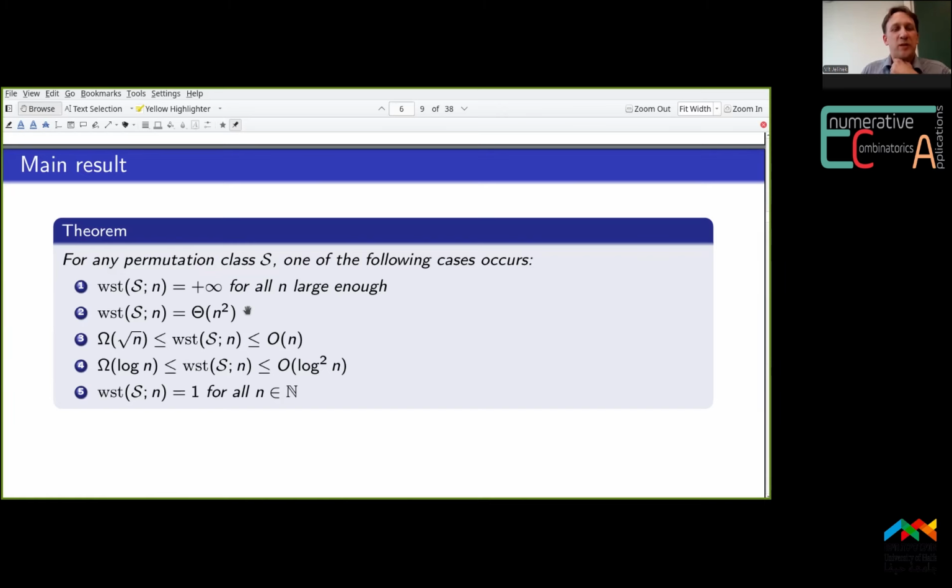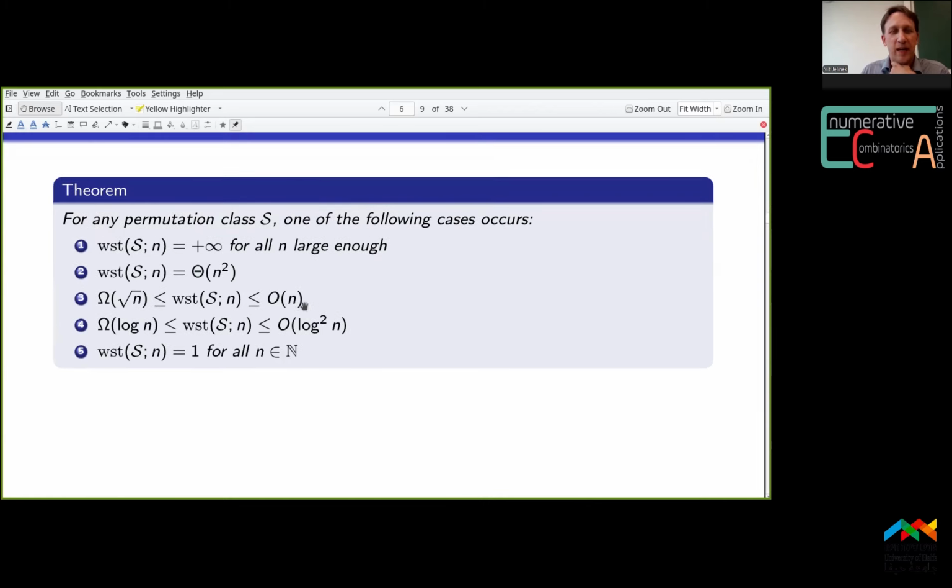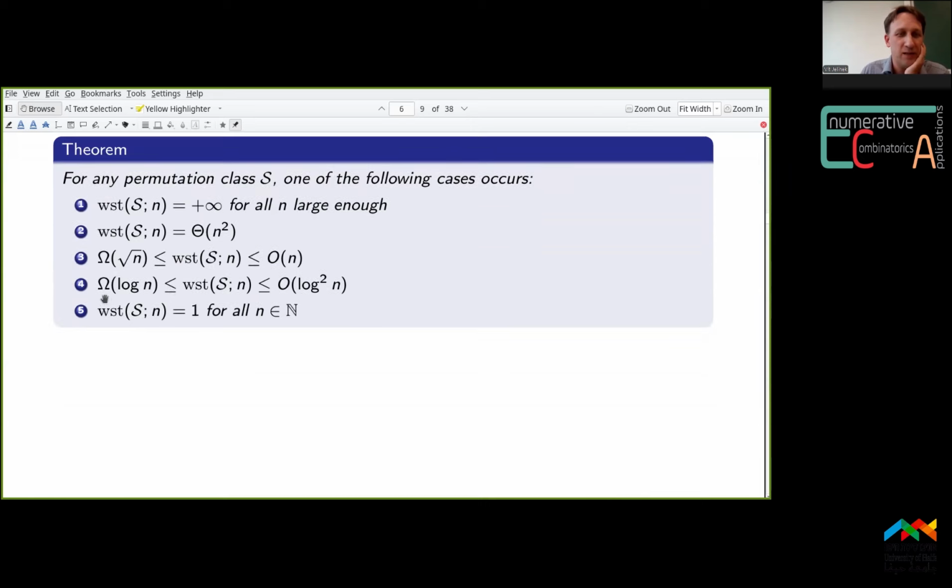Now, if the worst case sorting time is subquadratic, then it will be at most linear. And there are examples of permutation classes whose worst case sorting time fits in the range between square root of n and linear. And if the worst case sorting time is even smaller than order of square root of n, then it will drop to log squared.